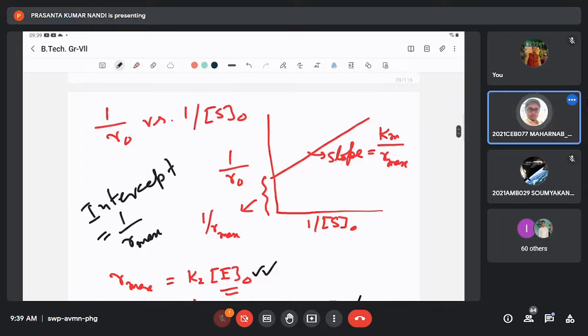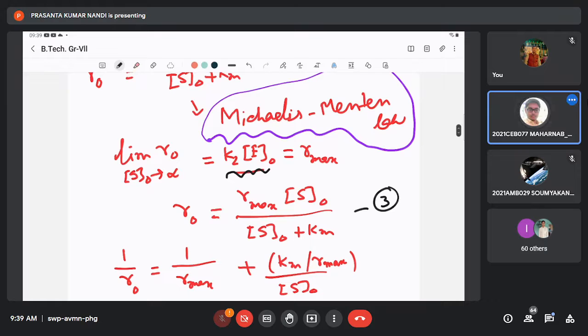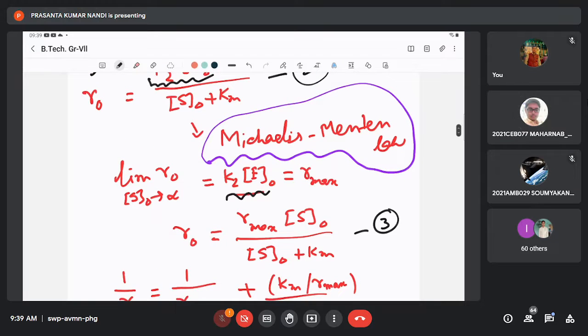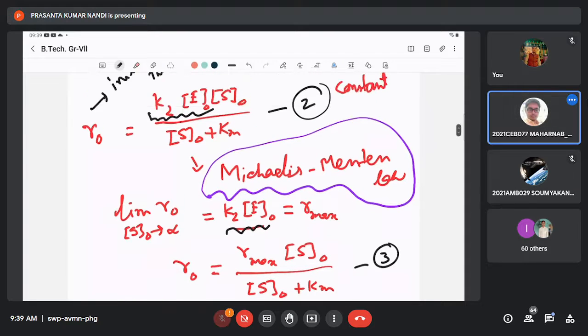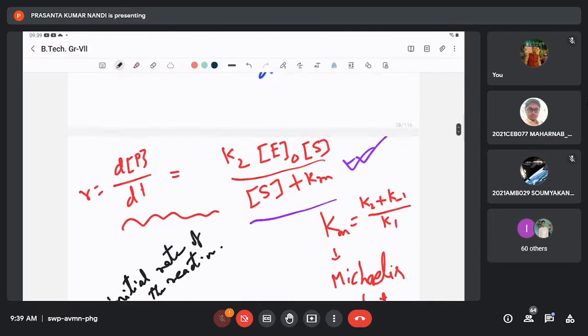Number three equation, the Michaelis-Menten law. What is the expression of R? Can we write the expression of R like this?